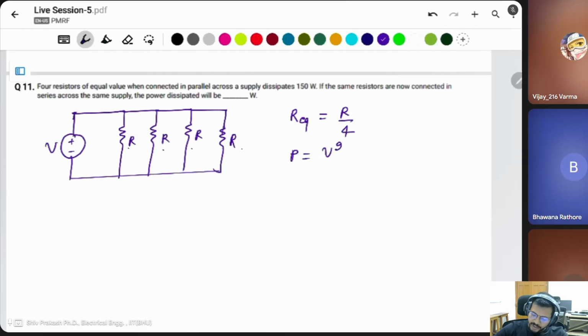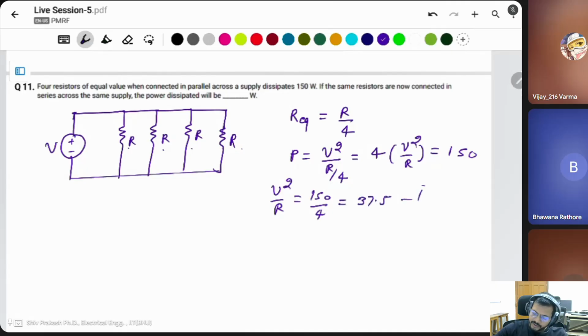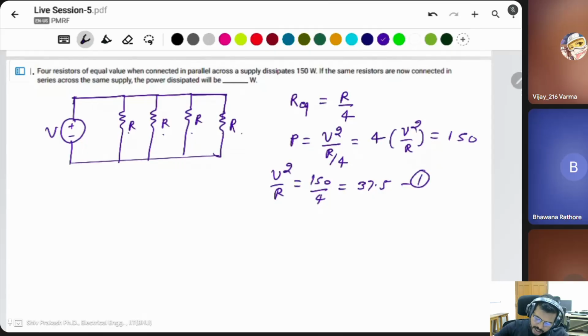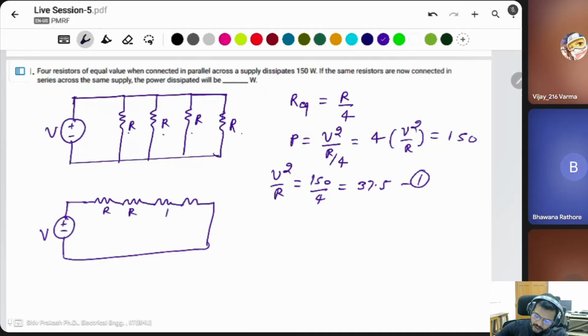What is the power? Equal to V square by R, equal to 4 V square by R, which is equal to 150 watt. And what is V square by R? 150 divided by 4 is equal to 37.5. Now the same resistors connected in series: R, R, R. What is the equivalent for this condition?